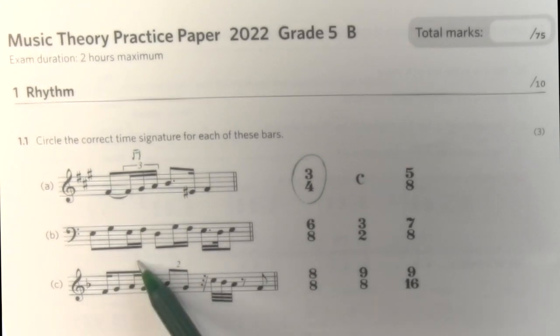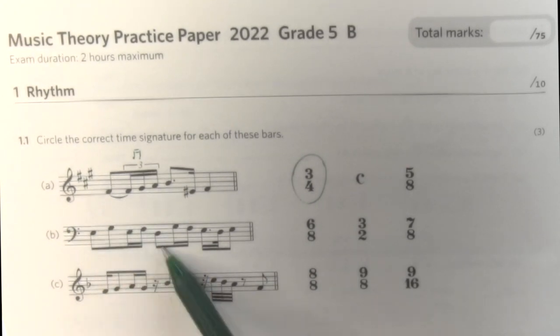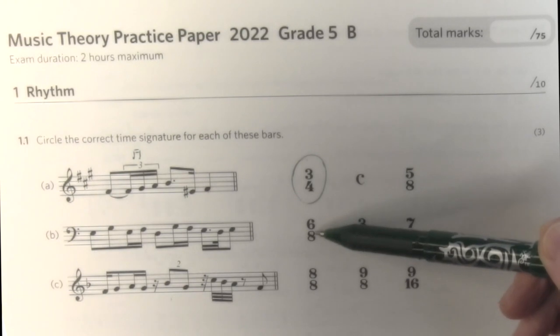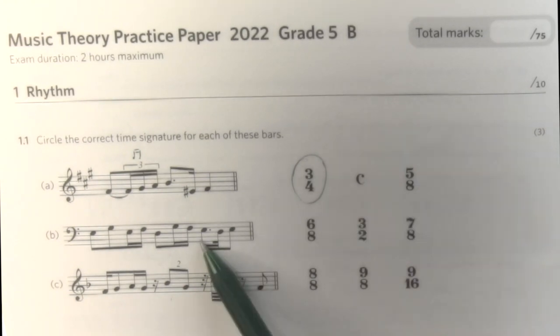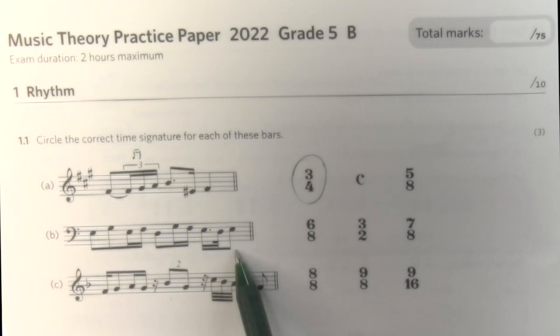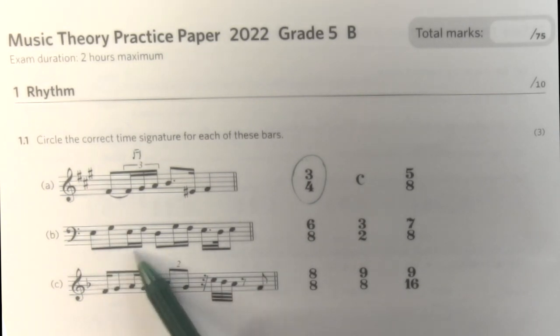Brilliant. Let's start with grouping in this question. We have 1, 2 and 3 groups of things. So we could be in 3 halves or 6 halves, 6 eighths. Let's have a look. We have 2 quavers here, 2 quavers here, and 3 quavers here. So this is definitely an irregular amount of notes.